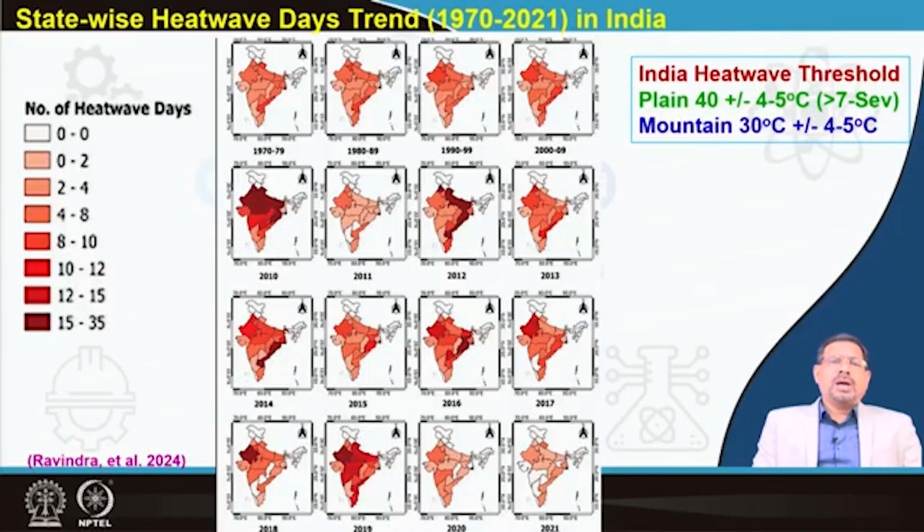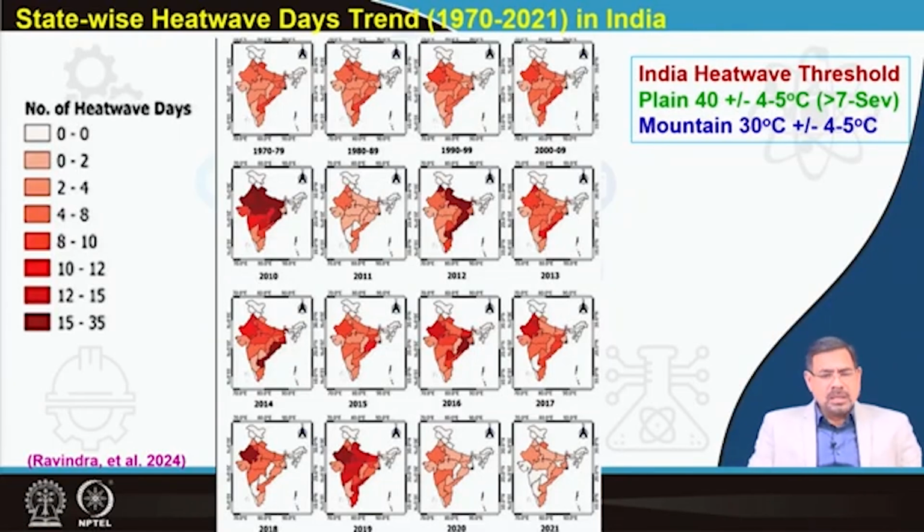So, now look at all the 12 seasonal depictions, and on the very extreme left hand side where the number of heat wave days have been put. The number of heat wave days has been taken per year from 0 to 35 days. So, 35 days is approximately 10% or 9.5% of the days of the year going under heat wave condition.